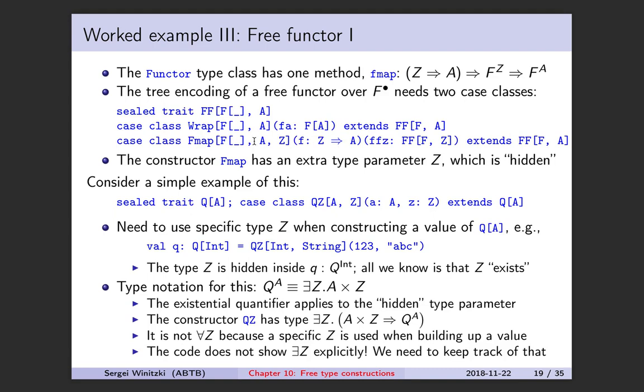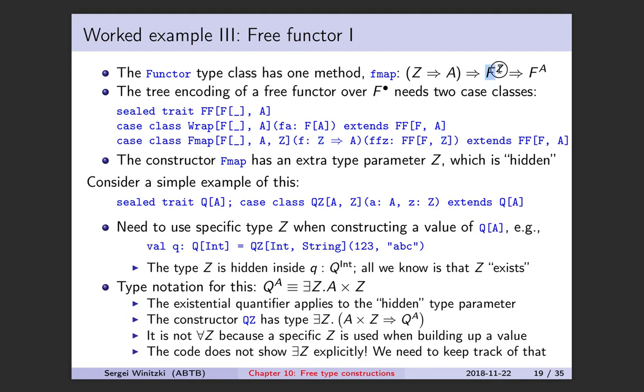Note that this fmap has an extra type parameter because we extend f of a, so I have chosen the name z here. The result of fmap is f of a, so we extend f of a. But the arguments of this case class, or the parts of the case class, have a parameter z.